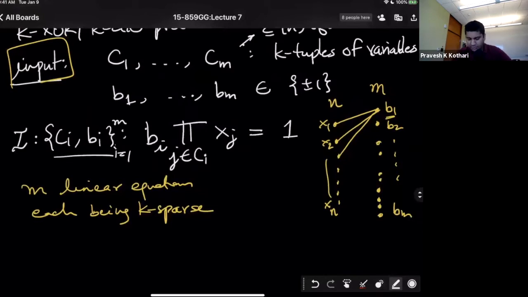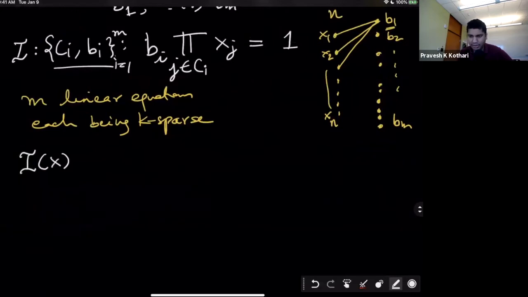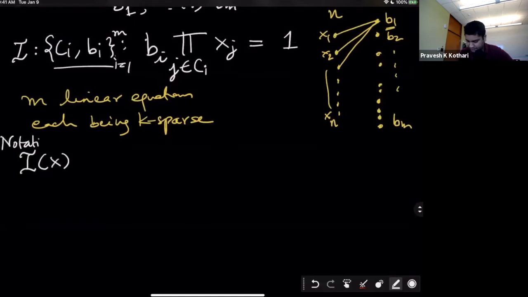It just stands for the collection of Ci, Bi, and they denote these equations as we just discussed. Very good. And I'm going to define I of x as the following polynomial. So this is still notation. I of x is going to be the polynomial, so it's an instance defining polynomial.